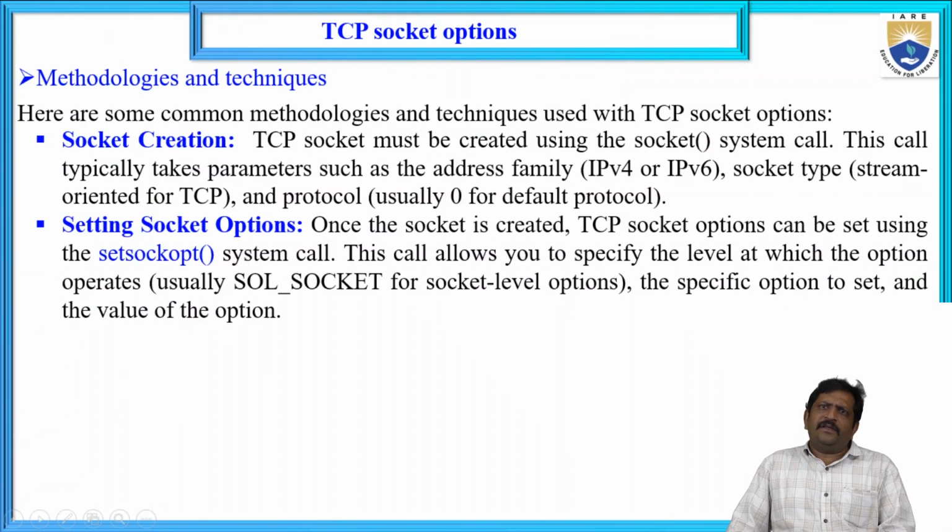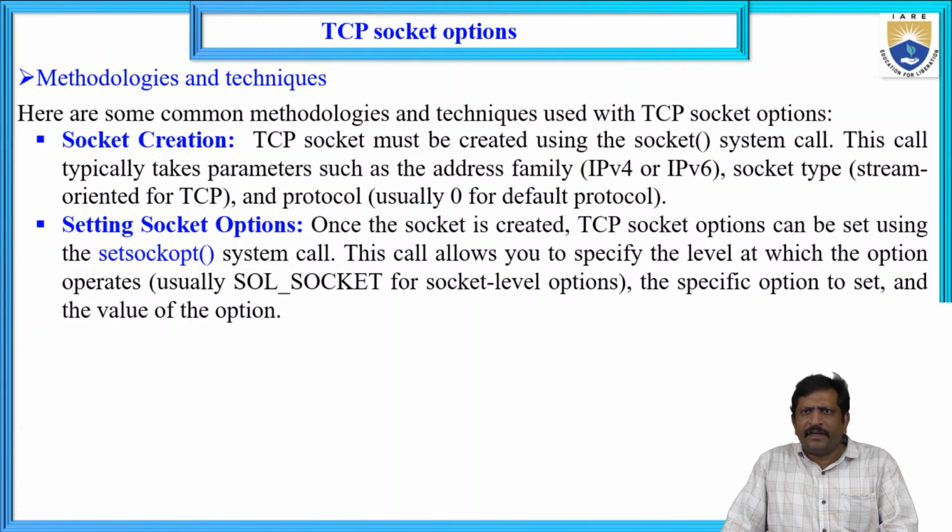Methodologies and techniques. For TCP socket options, what methodologies and techniques can we generally utilize? Here are some of the common methodologies and techniques that can be used with TCP socket options. First, socket creation. This is a technique. A TCP socket must be created using the socket system call.